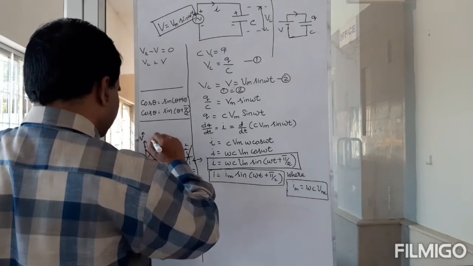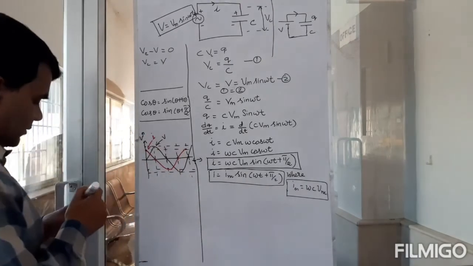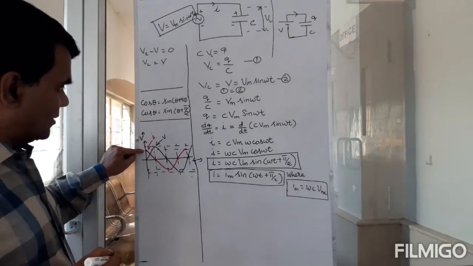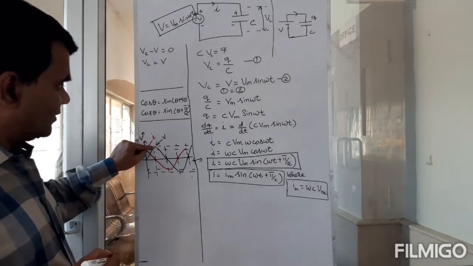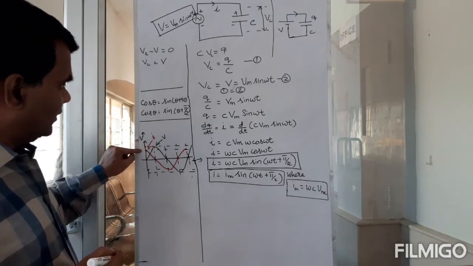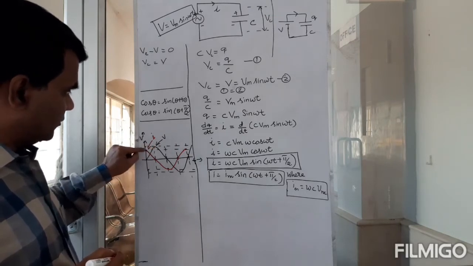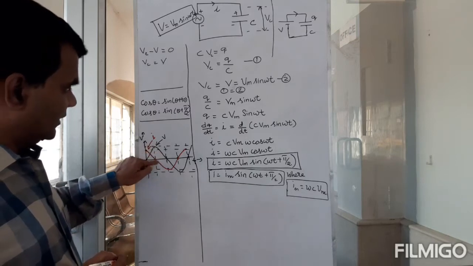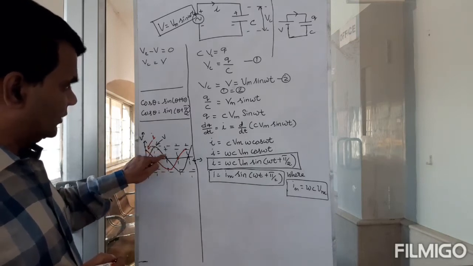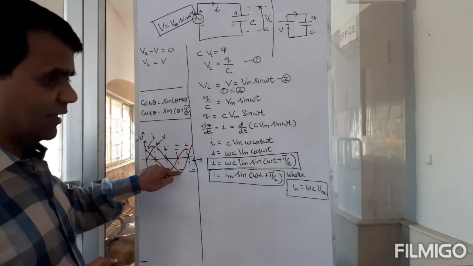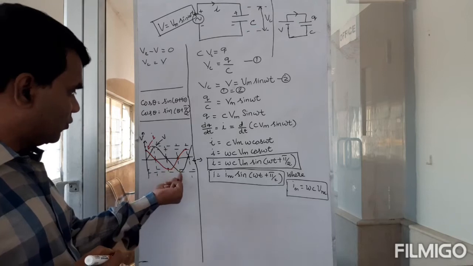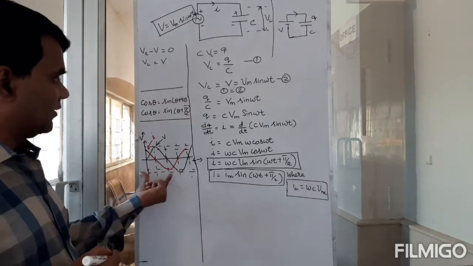So this is your current. Right. Notice here, this current reaches maximum first, and then the voltage reaches maximum. Then current reaches 0 first, and then voltage reaches 0. Then current reaches negative maximum first, and then voltage reaches negative maximum. See, it takes a longer time than this. This reaches its maximum before this reaches, in a shorter time than that.